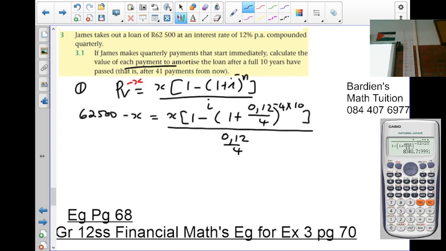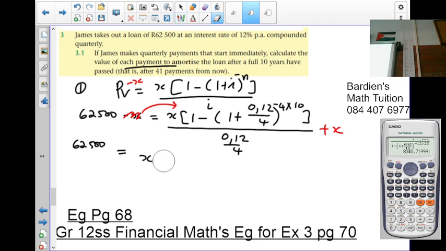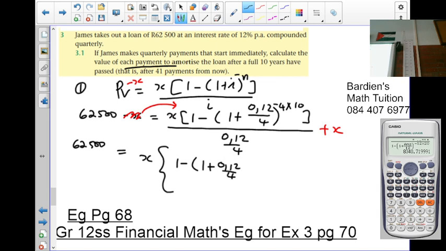Remember the question was to calculate the value of each payment. So I'm going to take this x over the equal sign, so that will be plus x. What I have now is 62,500 equals, and I'm going to take out x as a common factor, then I'm left with 1 minus 1 plus 0.12 over 4 to the exponent negative 40, all over 0.12 over 4, plus 1.